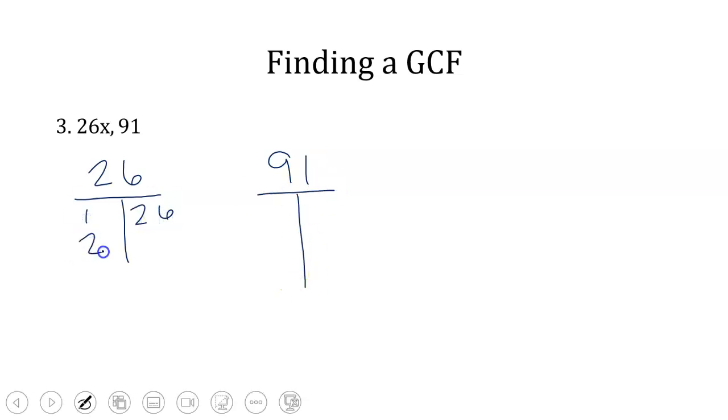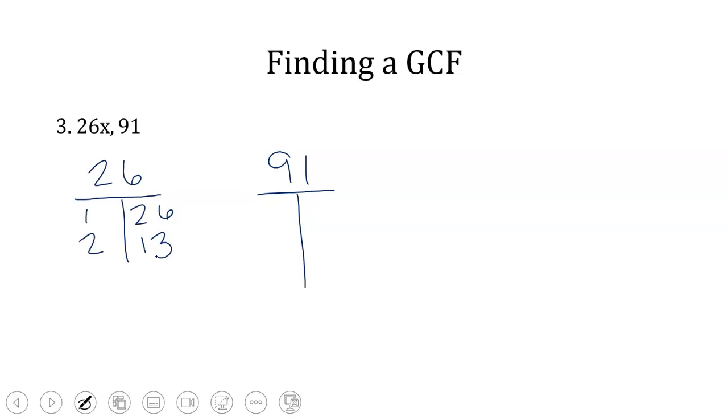All right, so let's look at number 3. I have 26 and 91. So I'm going to make my T-chart for 26 and list all my factors of 26, and then I'm going to list all my factors of 91. So 1 times 26, 2 times 13. Can 3 go into 26?